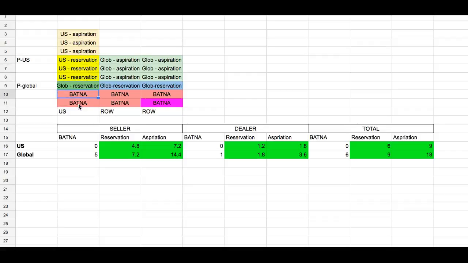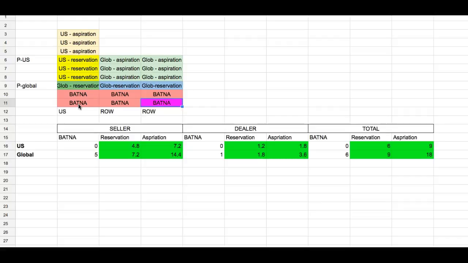If he wants to get the global patent, then the reservation price is 9. So 1, 2, 3 plus 6, 9. What's that? Global reservation price. 1, 2, 3 plus 3? So 1, 2, 3, 4, 5, 6, 7, 8, 9. Yes, and the global.